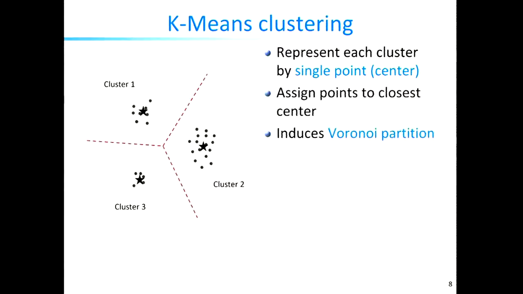And now this point induces a clustering, okay, via the distances. So what you would do is you would basically look at the Voronoi partition of the space that's induced by the set of points. So what's this Voronoi partition? This Voronoi partition is basically a partition of the space according to the distance. Right, so let's just draw this here.